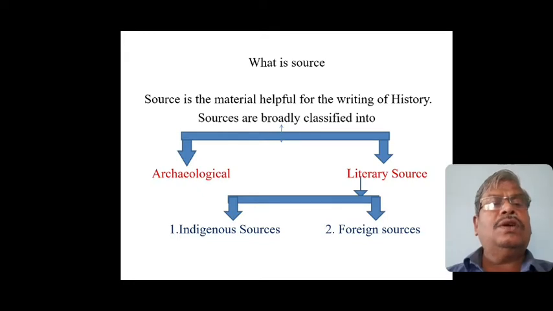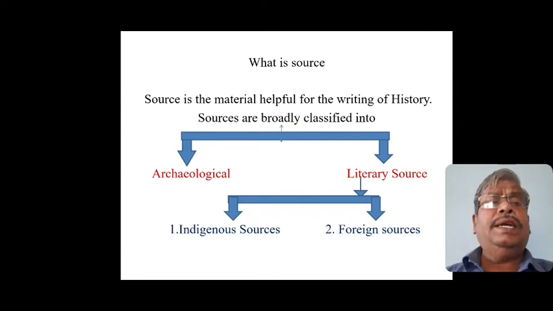Similarly, literary sources are classified as indigenous sources and foreign literary sources. The main purpose of classification of these sources is that they are different in nature, different in structure, and different in thought content also.